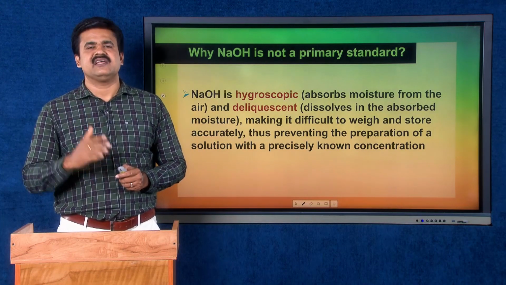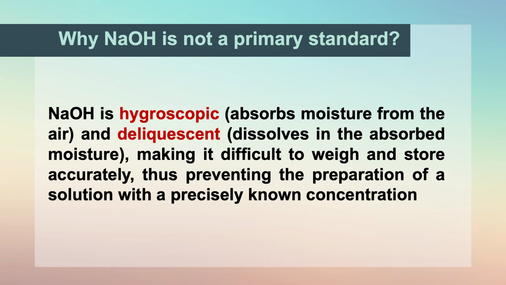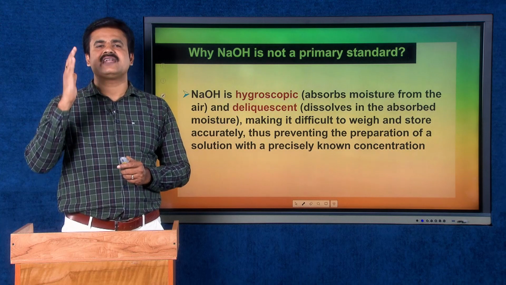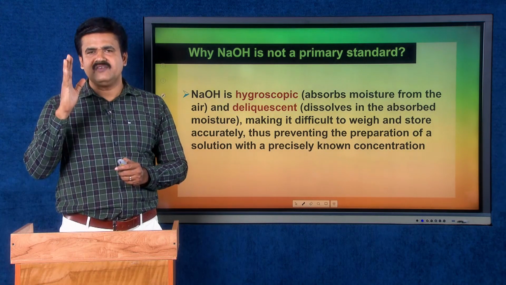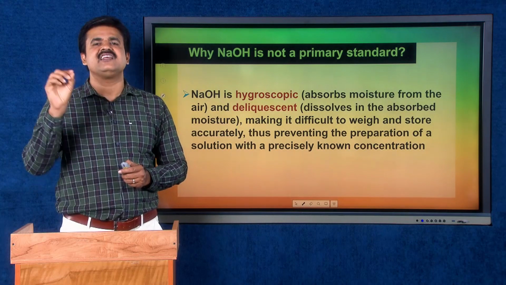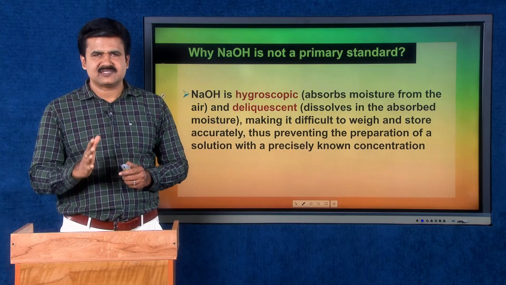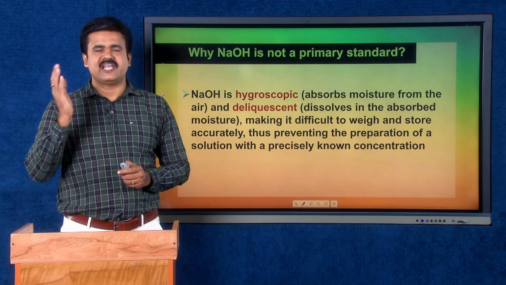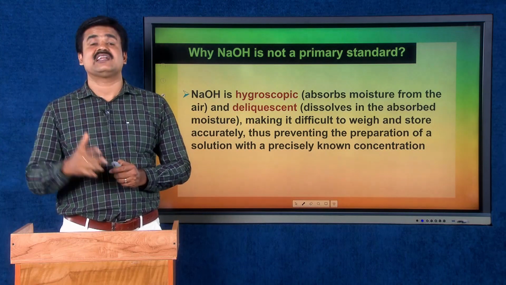This makes it difficult to weigh and store accurately, thus preventing the preparation of a solution with precisely known concentration. That means if you take NaOH as a primary standard, you will not get a solution of exactly known concentration. So, owing to its hygroscopic nature and deliquescent feature, we do not recommend sodium hydroxide as a primary standard.